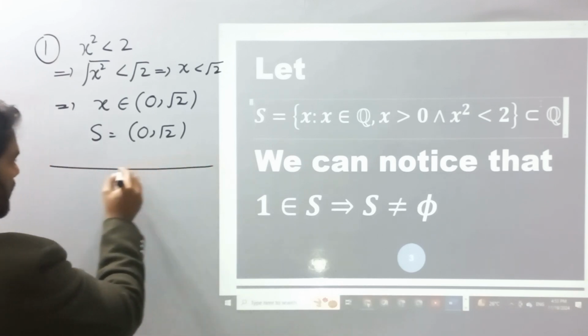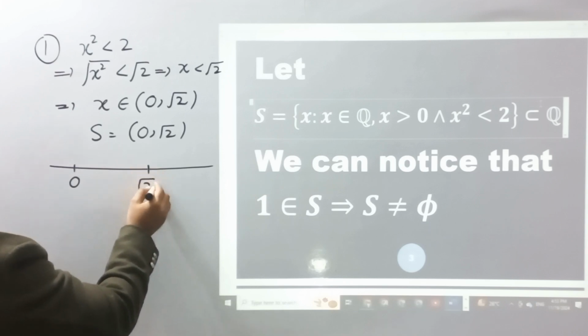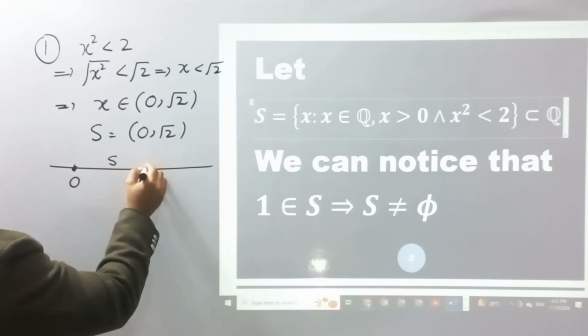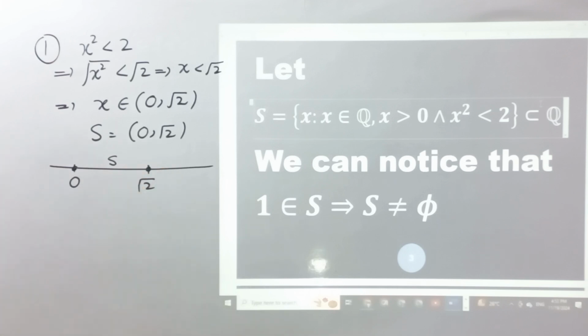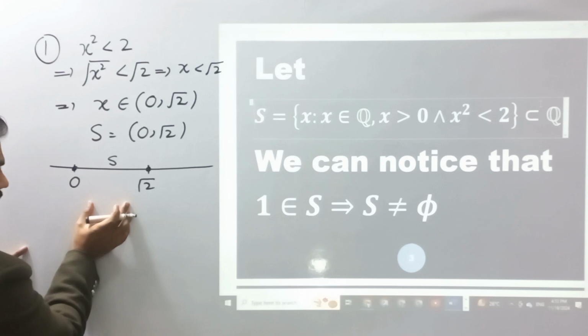Suppose this is our rational line Q, and this is our set S. Now the elements of set S lie between this interval.